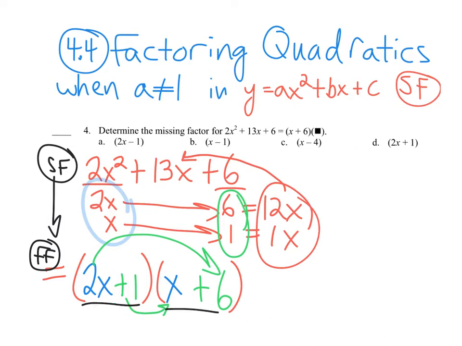And when we consider the choices above, x plus 6 is given as the first factor, so the missing factor is 2x plus 1, which is choice D. And that concludes this first example.